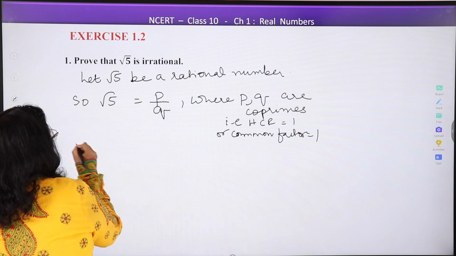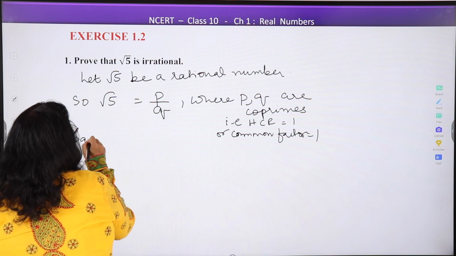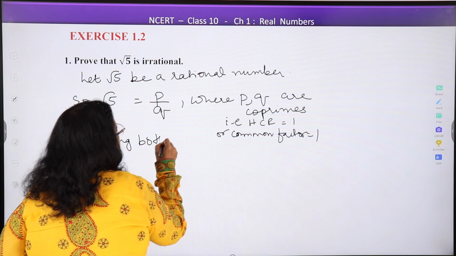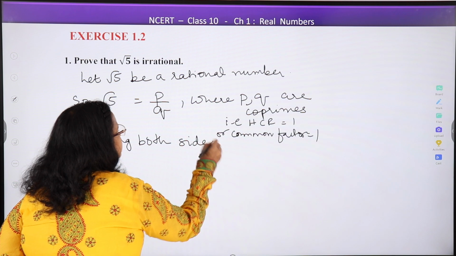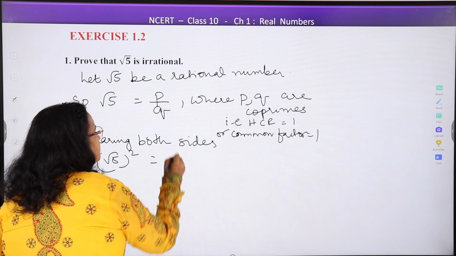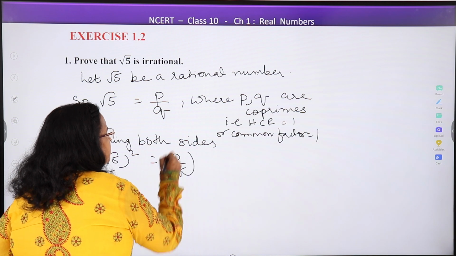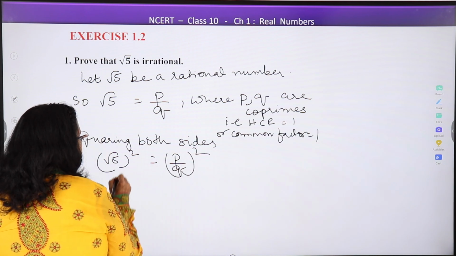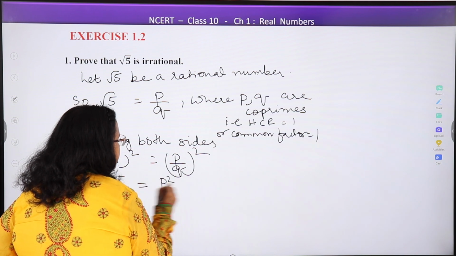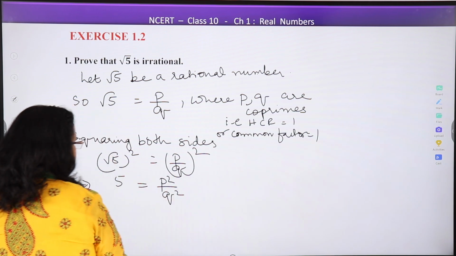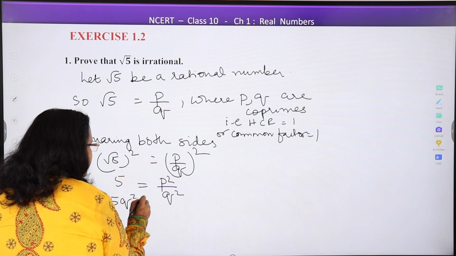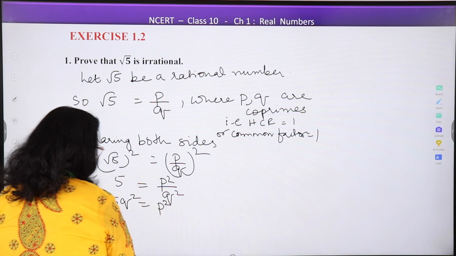Absolutely right. Very good. Squaring both sides. Root 5 whole square is equal to p by q whole square, 5, that implies 5 is equal to p square by q square. That implies 5q square is equal to p square.